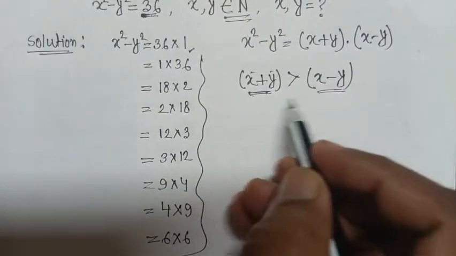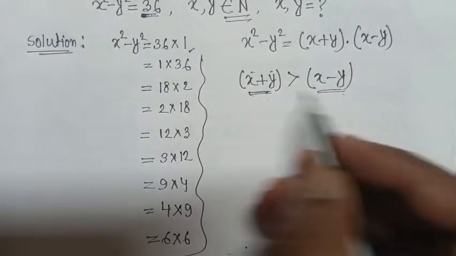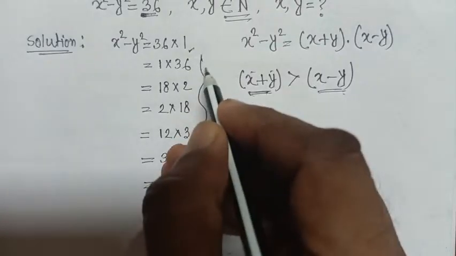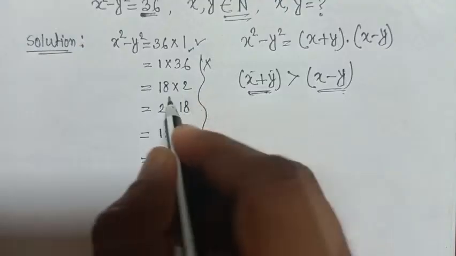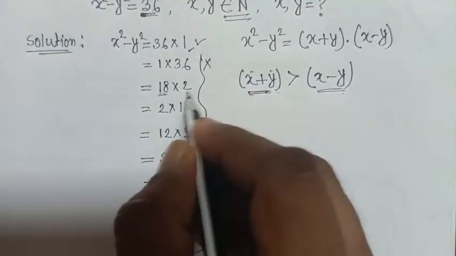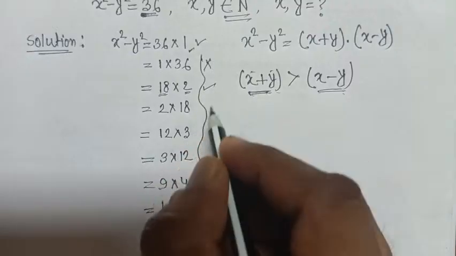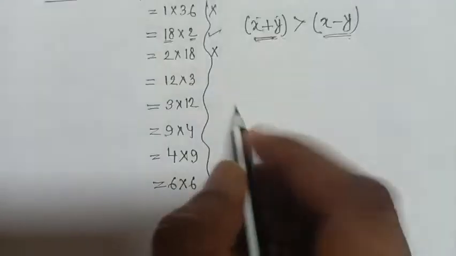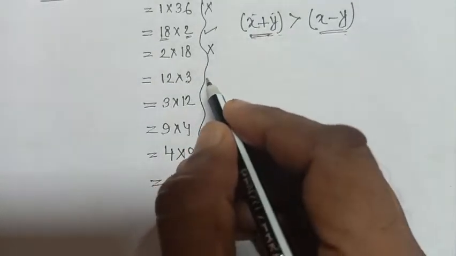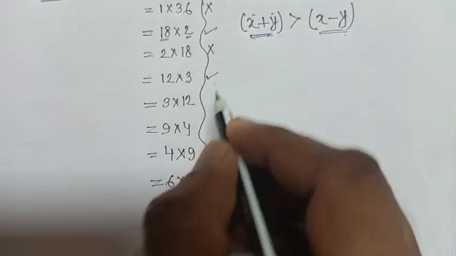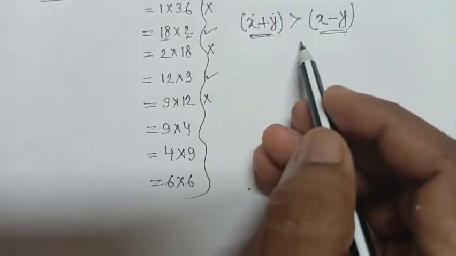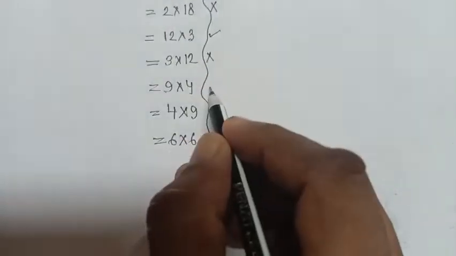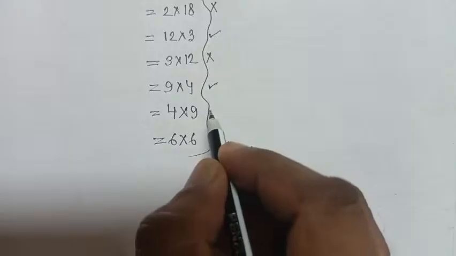So if you consider this scenario, that will be okay, but this value will be cancelled out. Here x plus y is greater than x minus y, so this is maintained, but that cross will not follow. Same here, that will be maintained, but this will not follow, because here x plus y is not greater than x minus y. Similarly it will follow, but that will not follow.